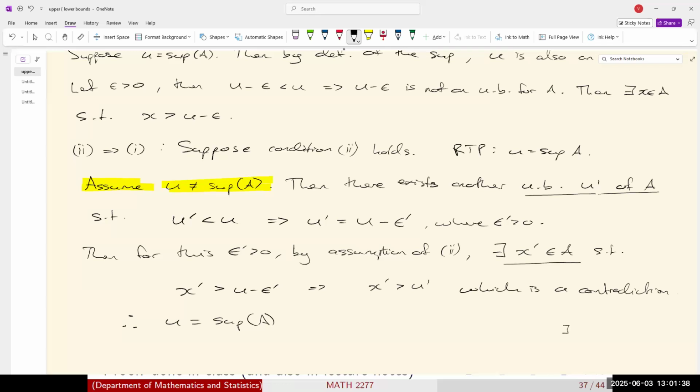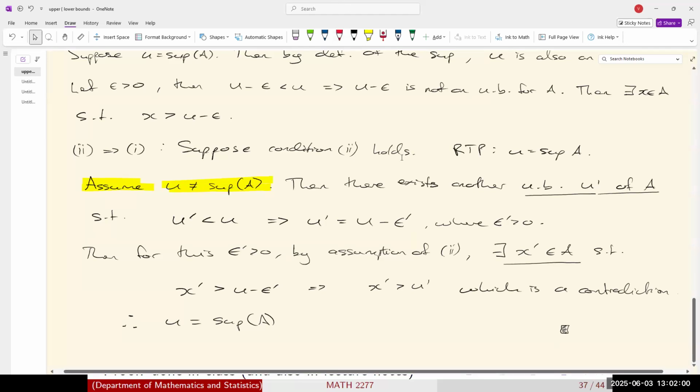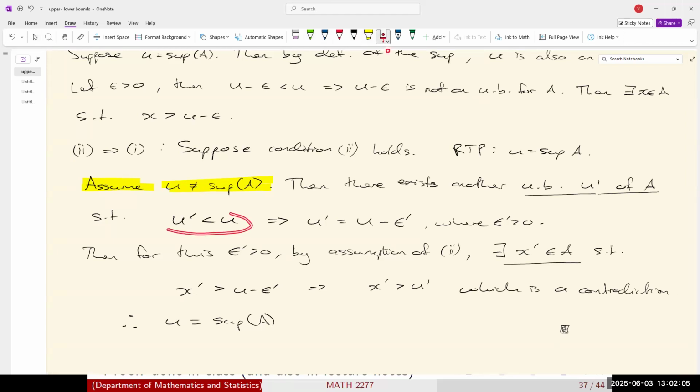Okay, so that's the way the proof goes. So you see, no need to cram the proof or anything. Once you write it down a few times and talk to yourself as you go through the proof, explain to yourself why you are doing each step, what the aim is, where you are trying to get to, what you are applying. And for this one, what was the trick I said? Yeah, the only trick you need to remember is once you have this line here, you need to say, okay, then u prime is equal to u minus epsilon prime, right?